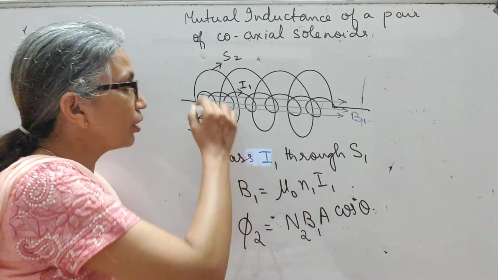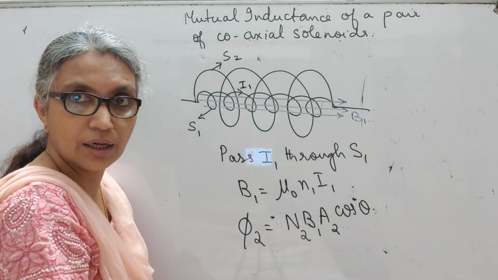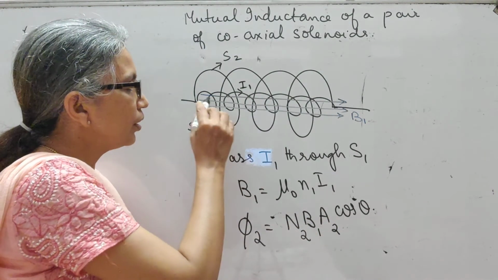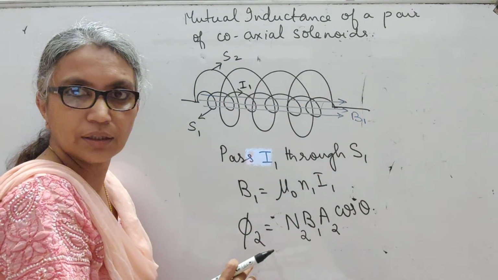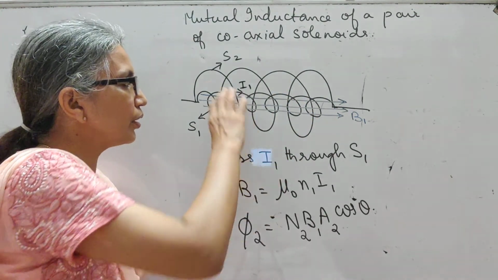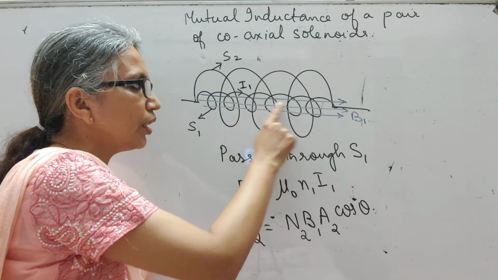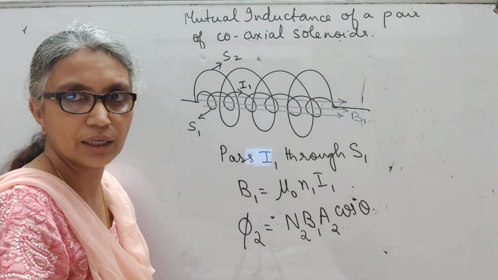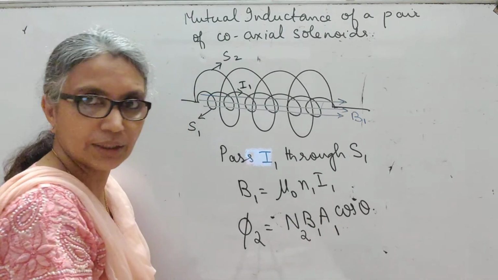Now, since we are talking about the larger solenoid, we should actually write A2 here. But the problem here is the magnetic field is restricted to the smaller one. Because you pass current only through the smaller one, the magnetic field is restricted to a small area A1. There is change only in this small area A1, and because of that, we need to introduce A1 here.